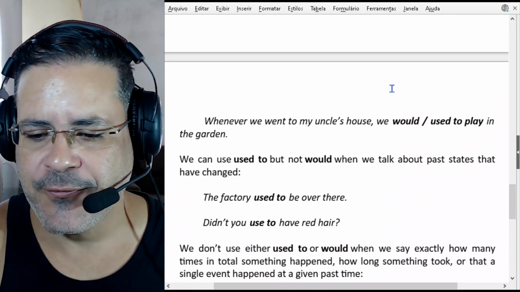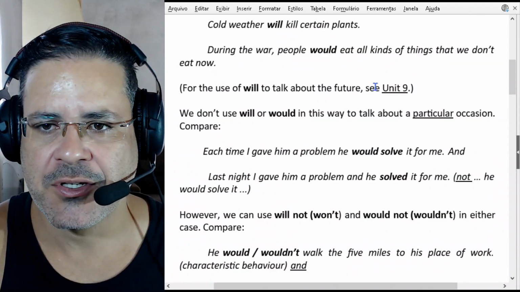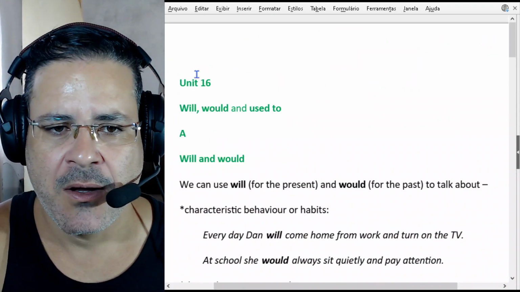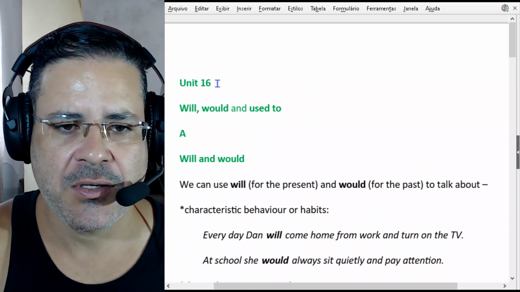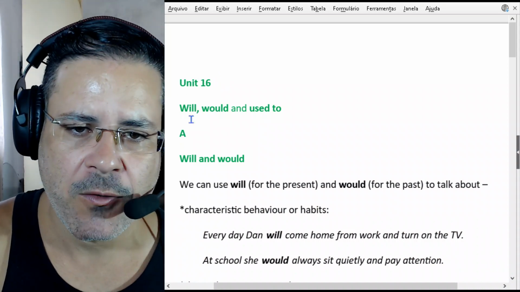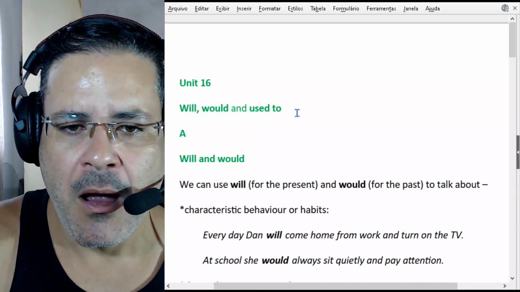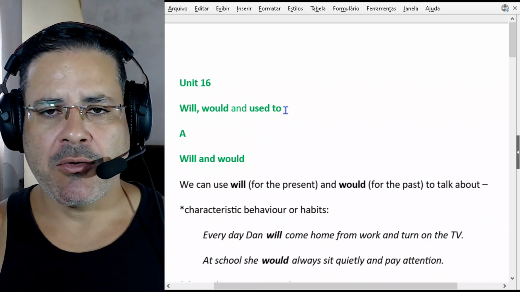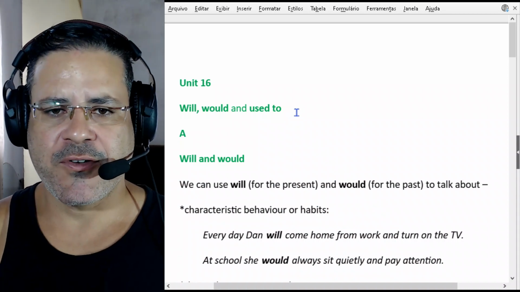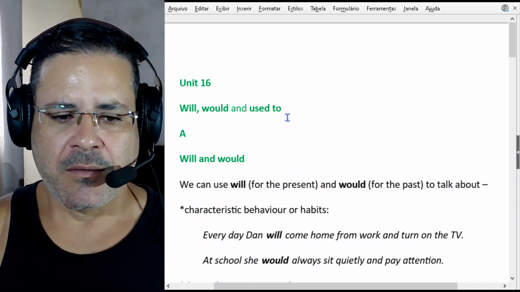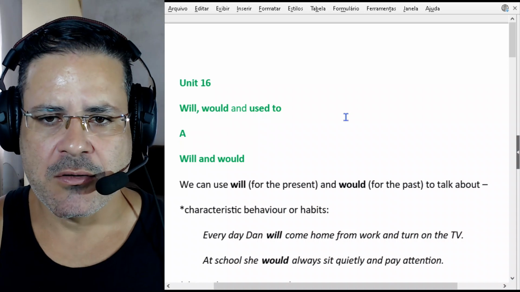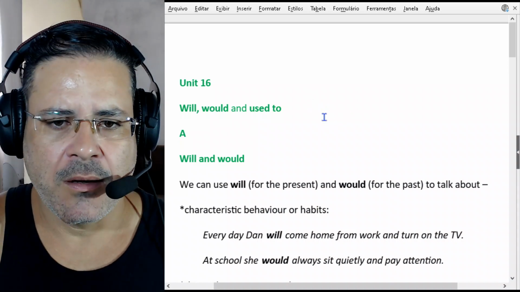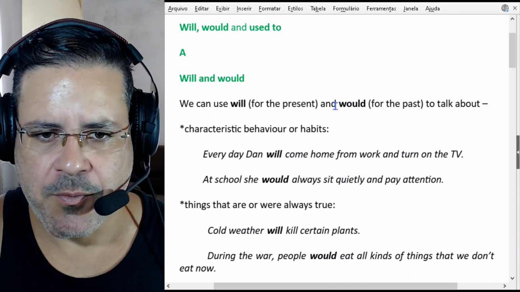Okay, that's it for today. I hope you've enjoyed the lesson. Remember, we've considered Unit 16 where will, would and used to are considered modal and semi-modal verbs, so these verbs have different meanings when they're used in the language, as I've already explained.